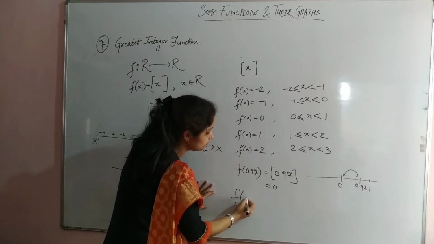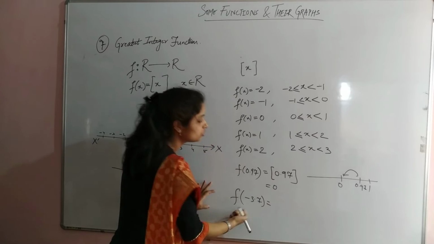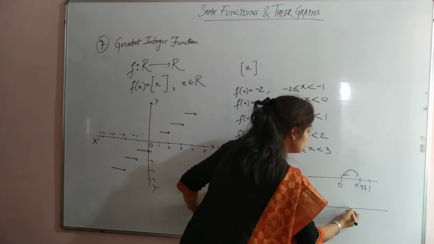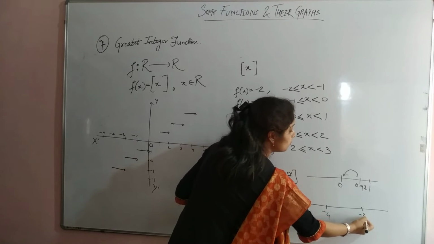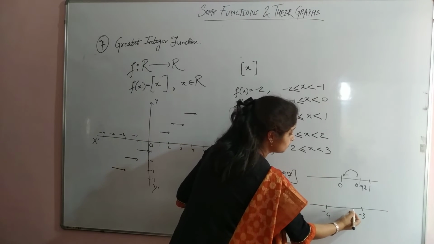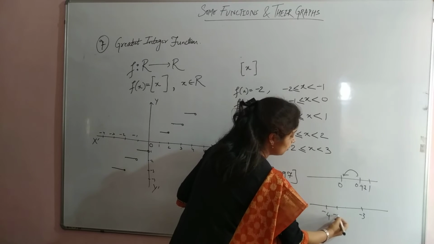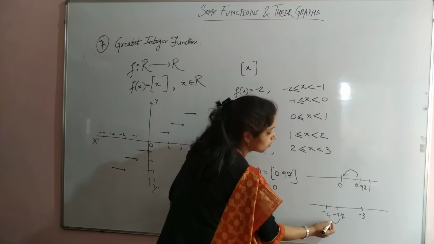If f(-3.7), in a number line this -3.7 is always between -4 and -3. So the left value is -4.